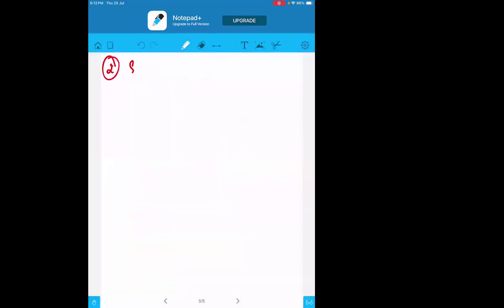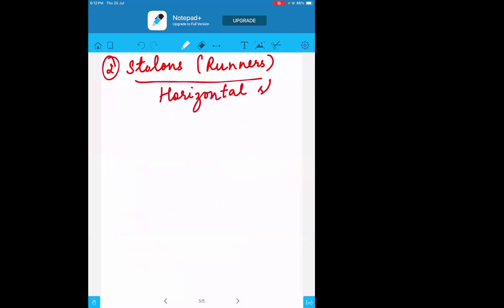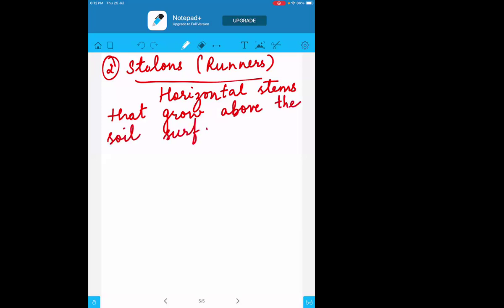Now, the second one are the stolons. These stolons are also called runners. Other names also you should learn. They are the horizontal stems that grow above the soil surface and produce new plants at their nodes.